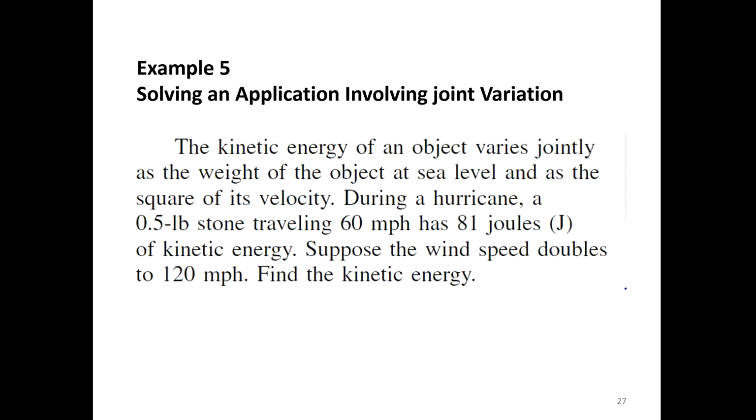Another application about joint variation. Joint variation means we have a constant K multiplied by variable times variable. The kinetic energy of the object varies jointly as the weight of the object at sea level and the square of the velocity, so V squared.